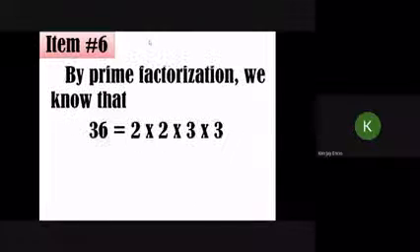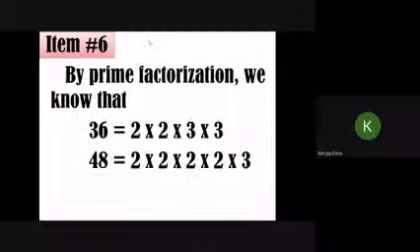And in my case, I'm still using the prime factorization method. 36 could be expressed as 2 times 2 times 3 times 3, whereas 48 could be expressed as 2 times 2 times 2 times 2 times 3. How many 2's are common to them? There are 2. And how many 3's?